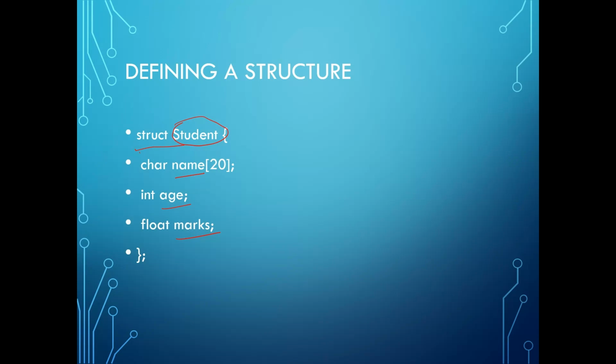A character array for the name, an integer for the age, a float for the marks. Notice the keyword struct. It tells the compiler I'm creating a new structure. After defining it, we can declare variables of this type just like int or float.